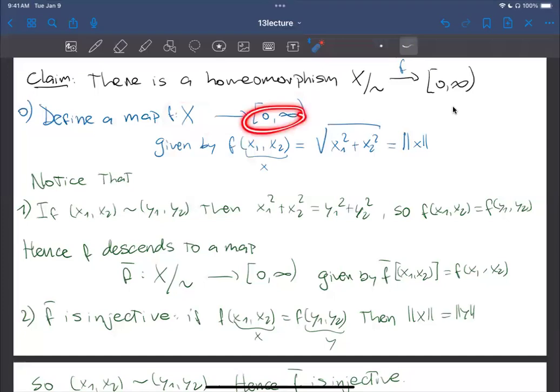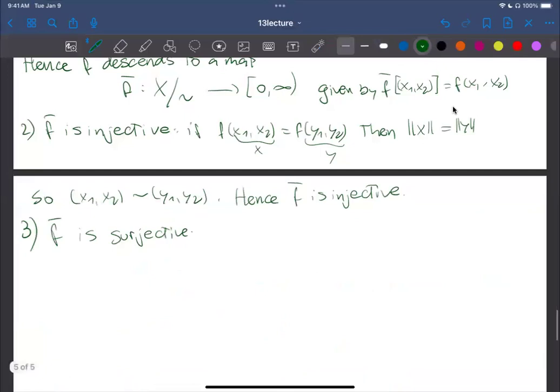Anything here is the norm of some point in R2. So F is surjective because so is it. So surjectivity, injectivity means we have a bijective function, F bar.